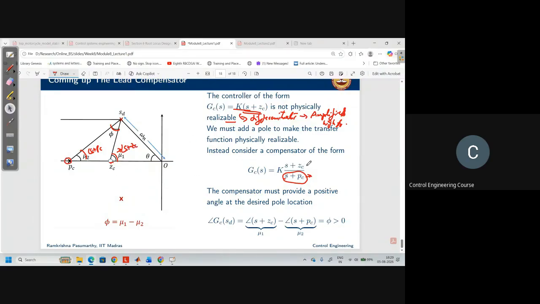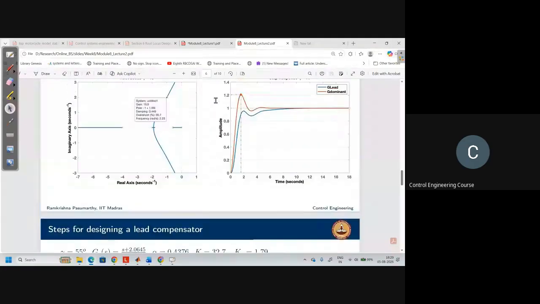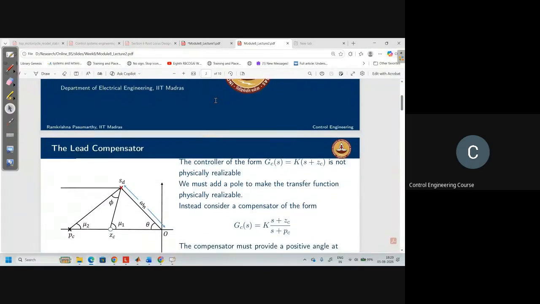Before, we had only one parameter ZC to find. Now we have two parameters, ZC and PC, to be found, but we have only one design constraint, the angle deficiency phi that has to be satisfied. This is the lead compensator.